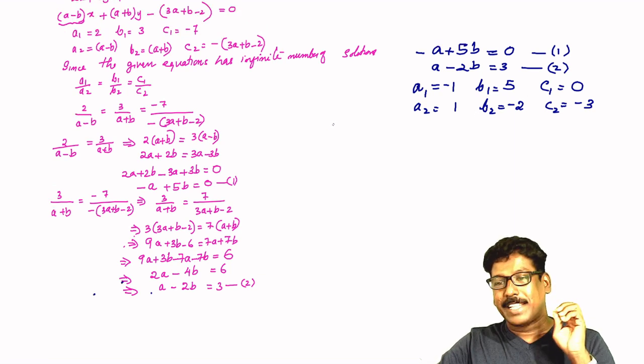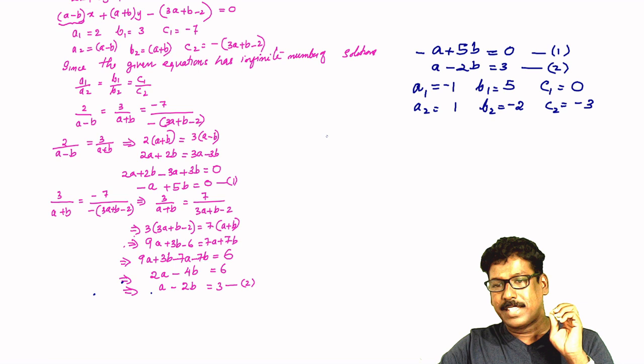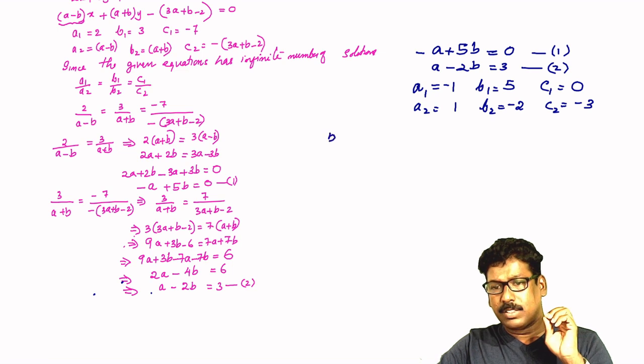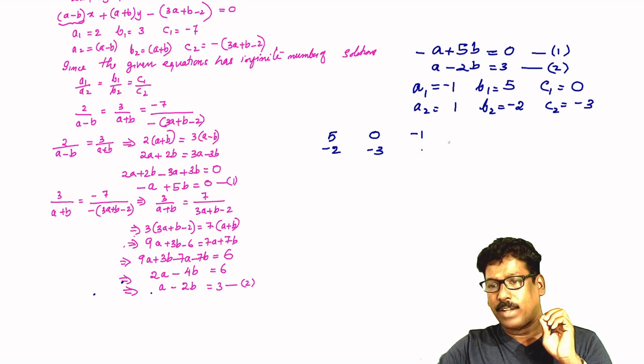Now let me arrange these coefficients. First you write b1 and b2, that is 5, negative 2, then c1 c2 that is 0, negative 3, a1 a2, negative 1, 1, and b1 b2, 5, negative 2.